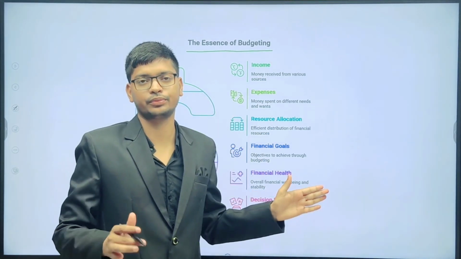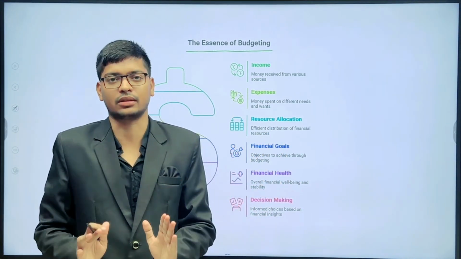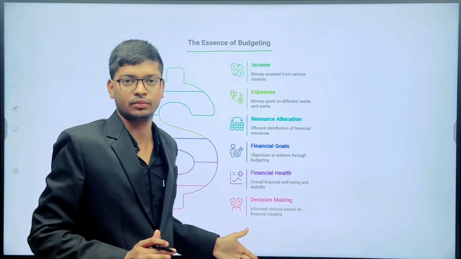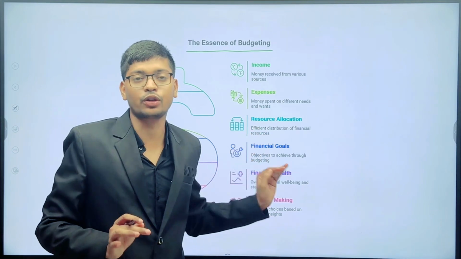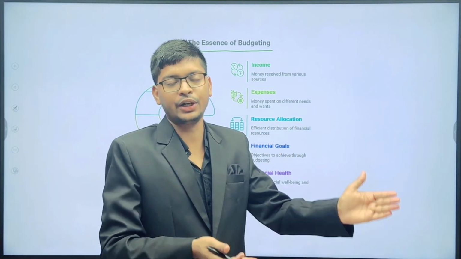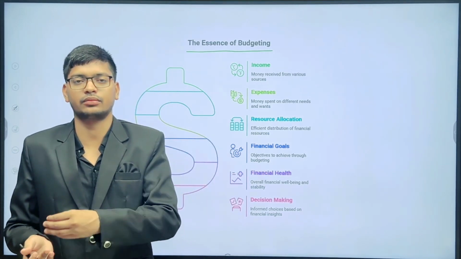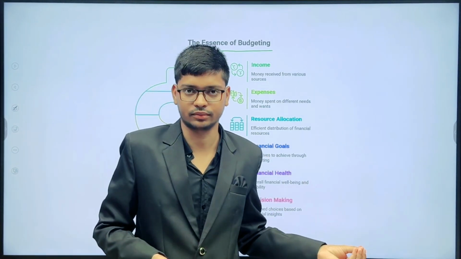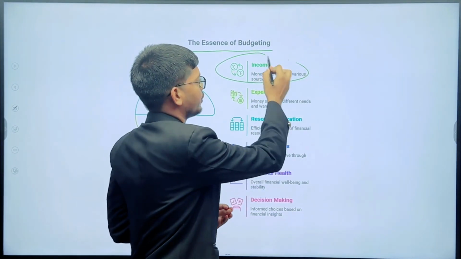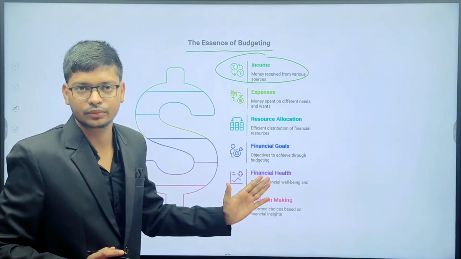Before you create a budget, you have to focus on these points. Without focusing on these points, if you create a budget, it will definitely not work. First of all, you see your income.